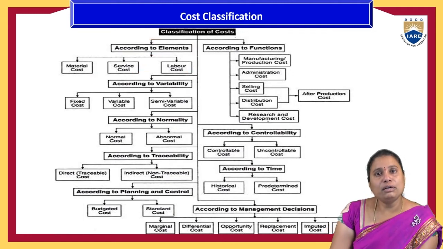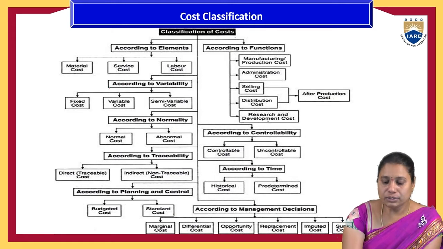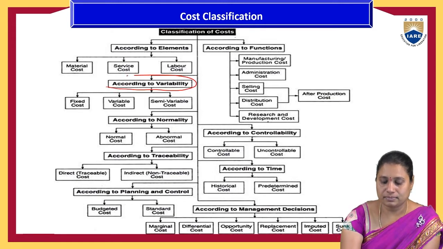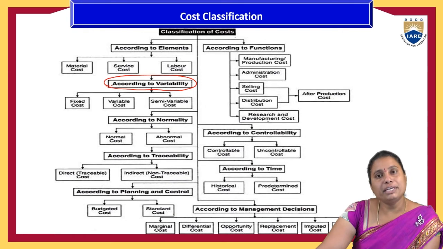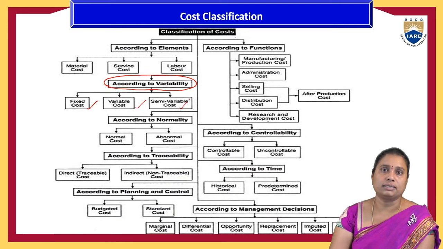The next classification of cost is according to variability. According to the variability in the expenditure, it is categorized as fixed cost, variable cost, and semi-variable cost.